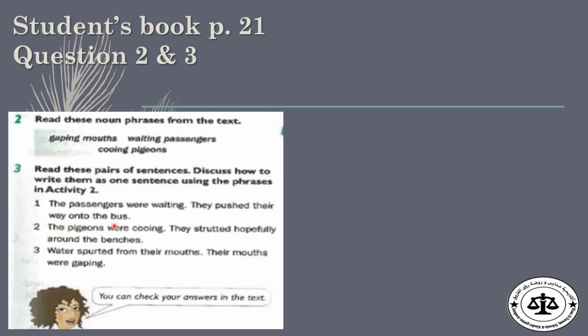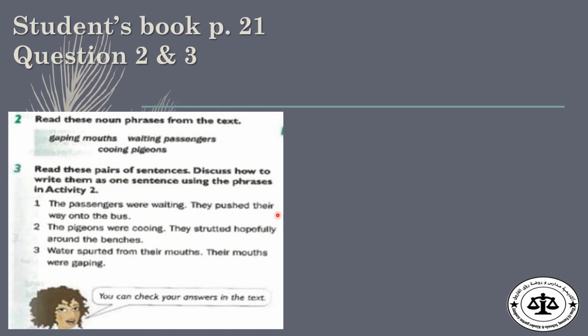We said if we want to rewrite these two sentences by using the present participle, we delete the helping verb. We have here were and we put the present participle before the noun, then we delete the second subject.